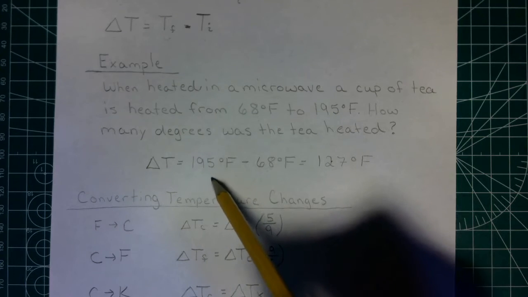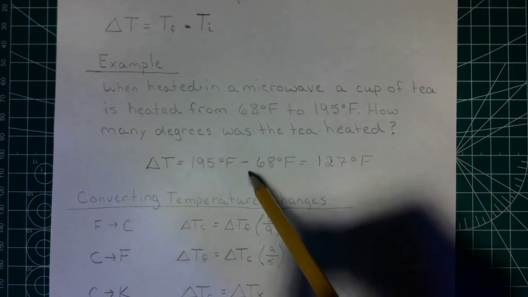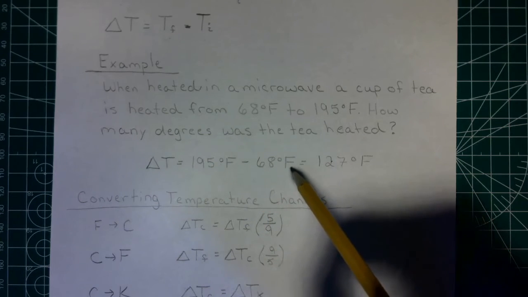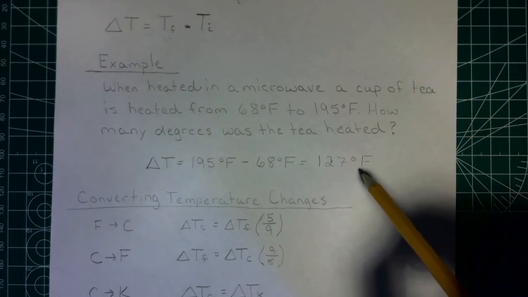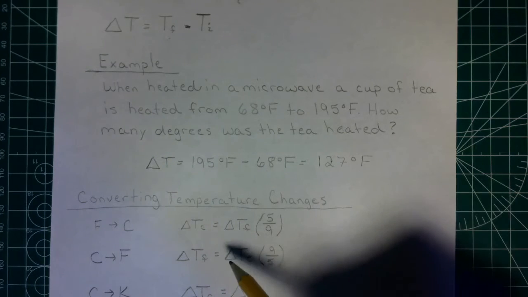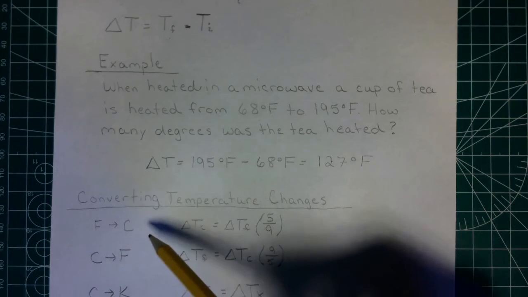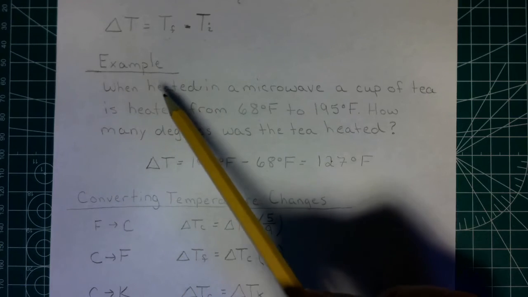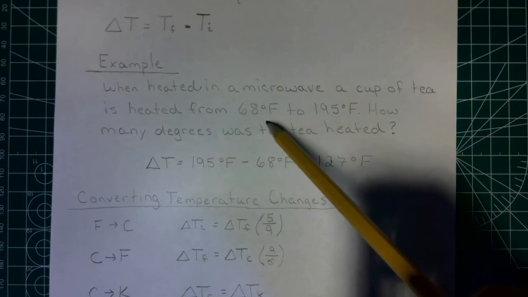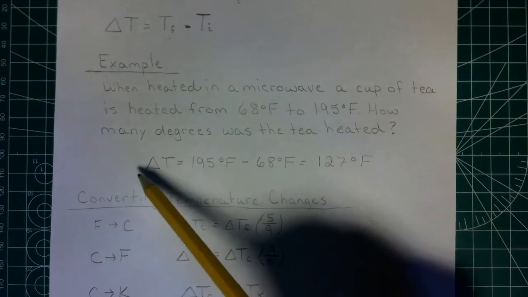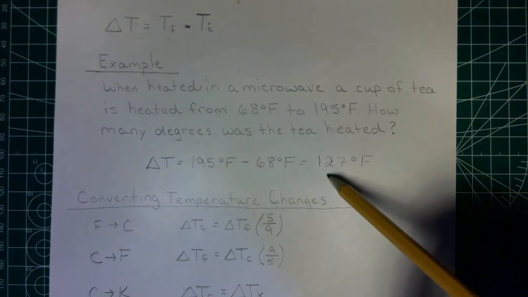So my final temperature, 195 degrees Fahrenheit, minus 68 degrees Fahrenheit, and we can see that it was heated by 127 degrees Fahrenheit. An important thing to note here is that we heated it, so the final temperature was higher than the initial temperature, and therefore delta T wound up being a positive value.